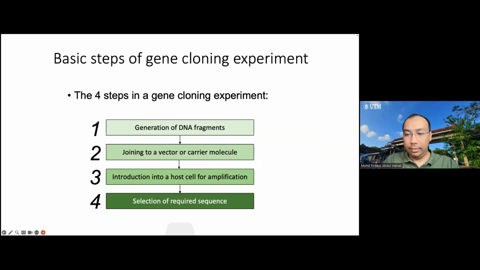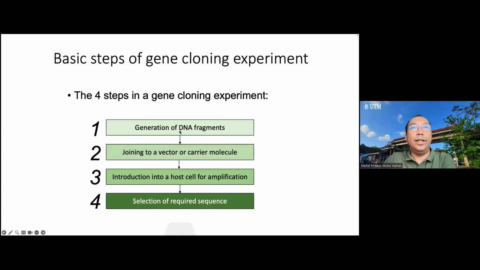Okay, so everybody has heard of gene cloning, and just to refresh your memory, this is based on myself. What are the 4 steps in a gene cloning experiment? So I divide it into 4.